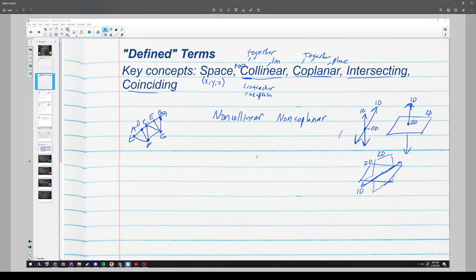So you may be thinking we could also have two lines that are completely on top of each other, and then they don't just intersect at one point. But we actually have a different term for two things that are exactly on top of each other. That's what this coinciding word is. So if you think of a coincidence, things happening at the same time, right?